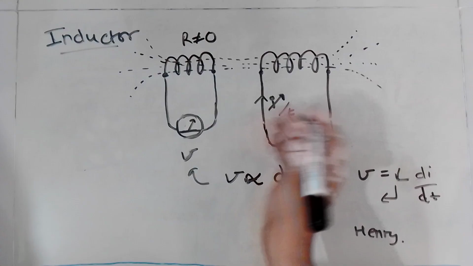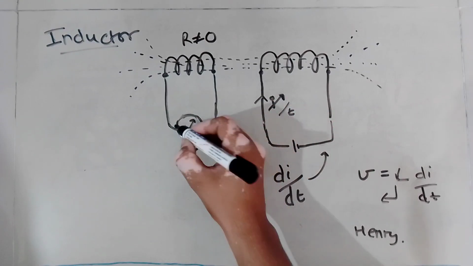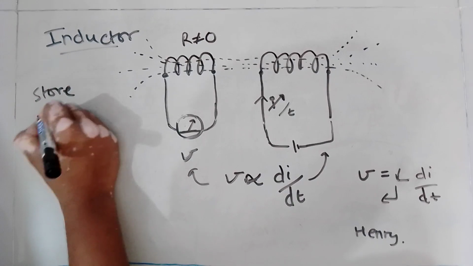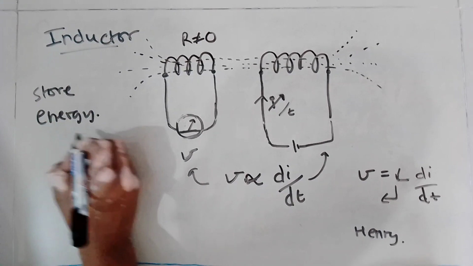Since, as you saw, because of this there was an inductance and a voltage developed, we can use inductors to store energy in the form of magnetic fields.